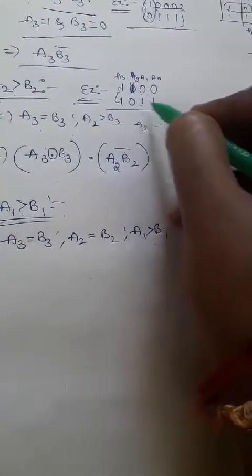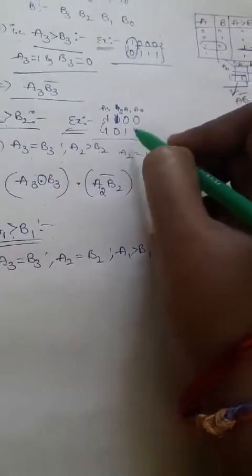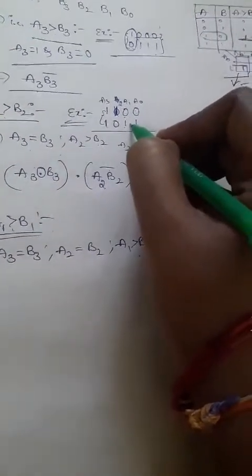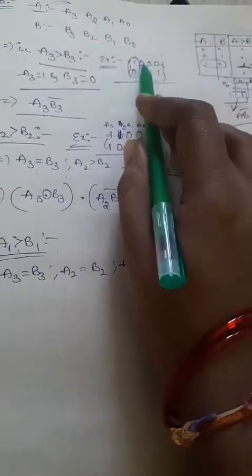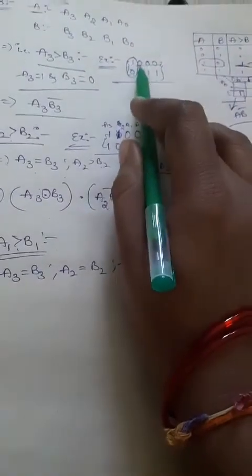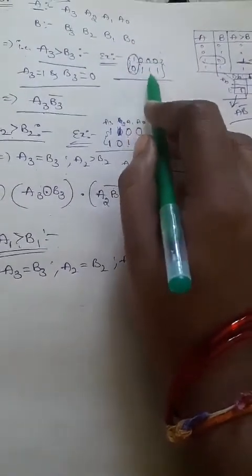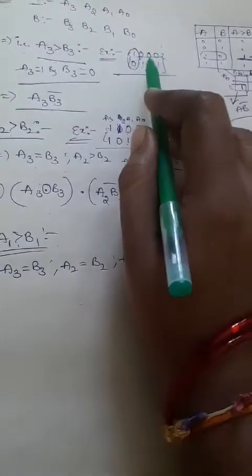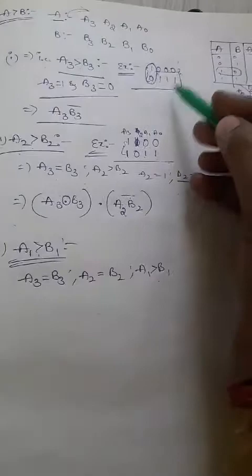A1 A0 will not be satisfied here. It must be less than, compared to B2 and B1. Here also, A2 A1 A0 and B2 B1 B0, that means the A value must be less than the B value actually. This condition is not satisfied. That's why I'm explaining here. Don't bother about that. You can skip these bits.